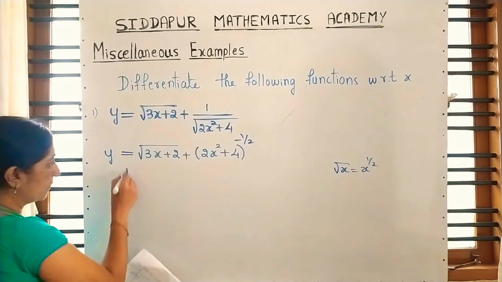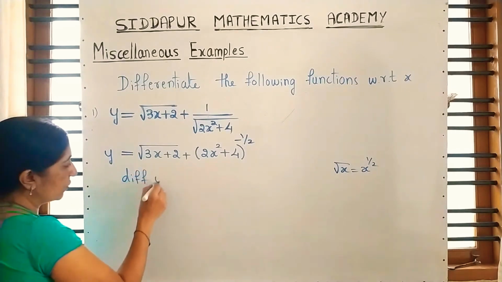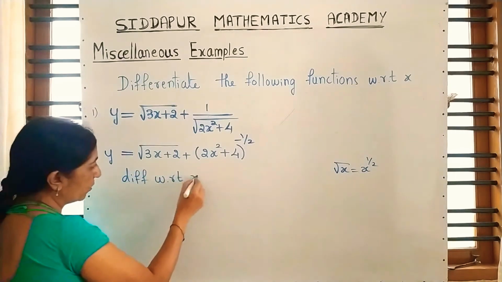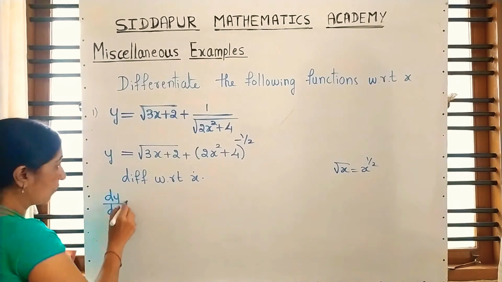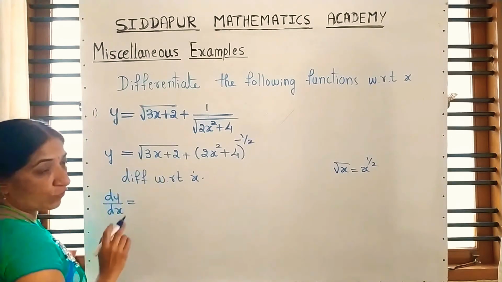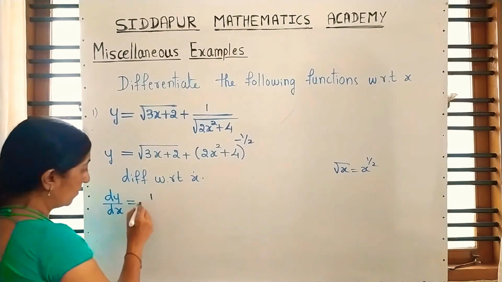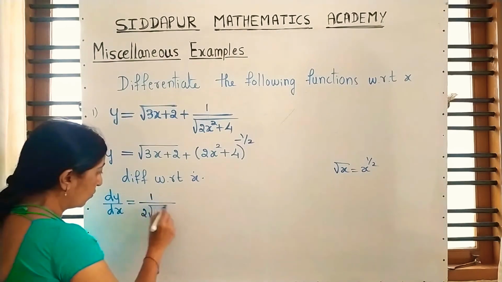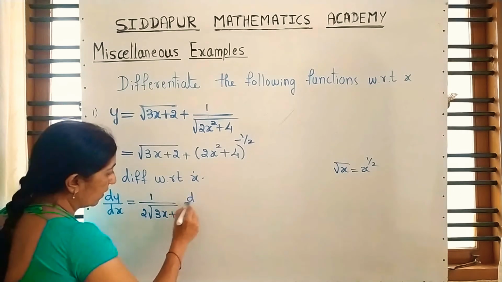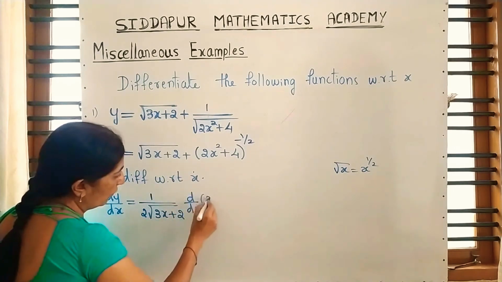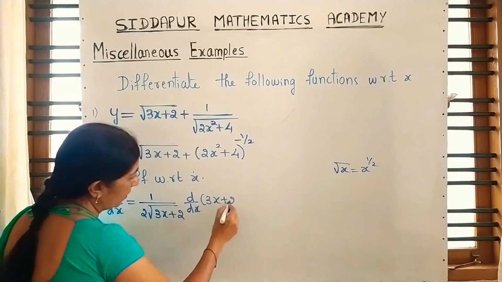Now differentiate. Differentiating with respect to x, dy upon dx is equal to, what is the differentiation of root? Already you are familiar. 1 upon 2 root 3x plus 2 into differentiation of 3x plus 2.